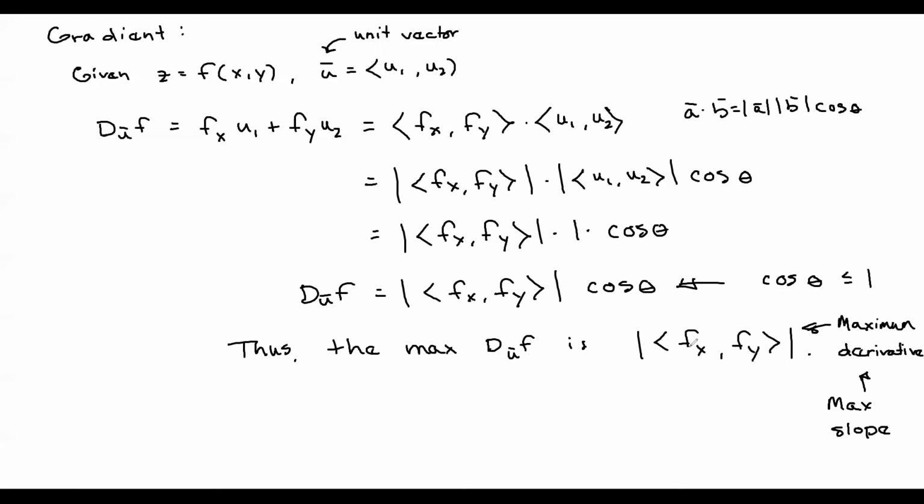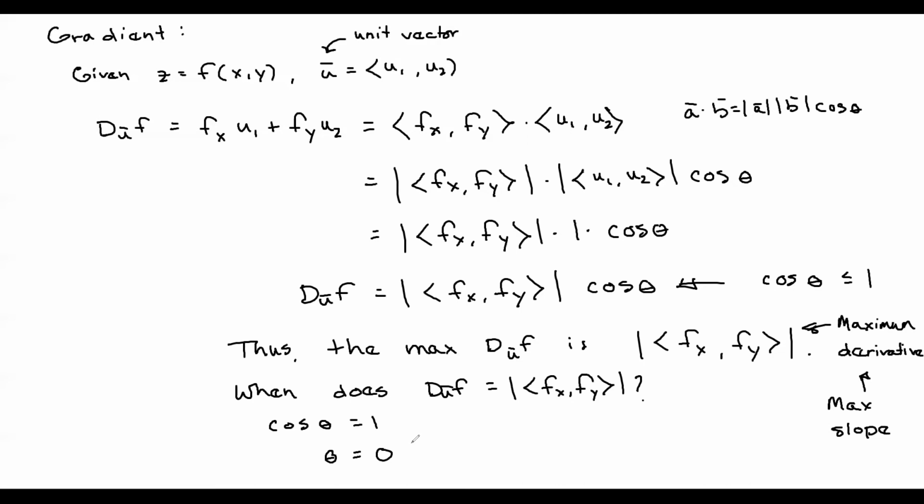So what else can we say about these results? The max result is this, so when does that happen? It happens when cosine theta equals 1. And when does cosine theta equal 1? That occurs when theta equals 0. What is theta?